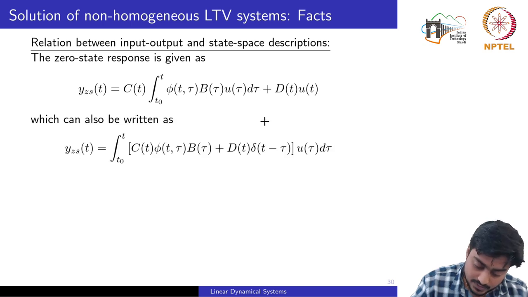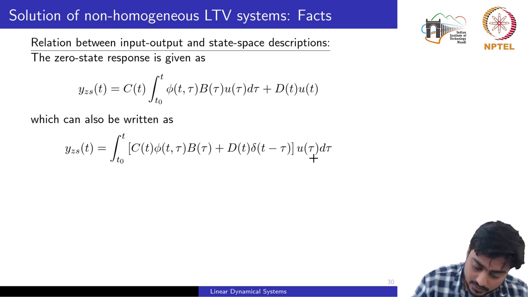Now I can write this last part by this equation, because this part D of t into E of t was outside the integral. To take this inside the integral, I multiplied by an impulse function. So I know that at t is equal to tau, this would be equal to this one.